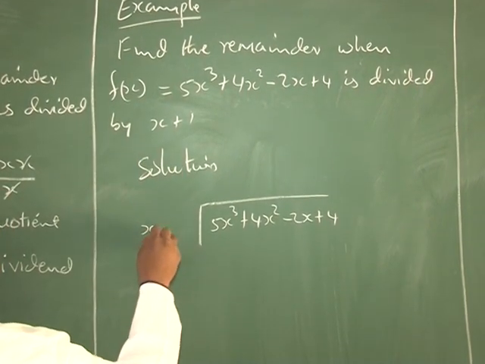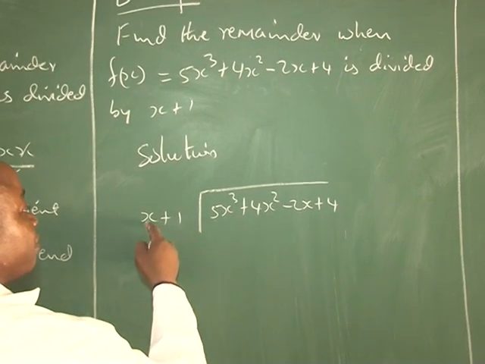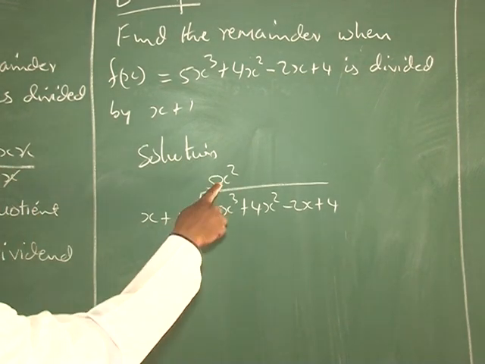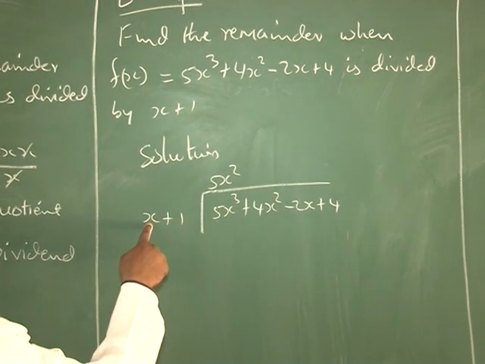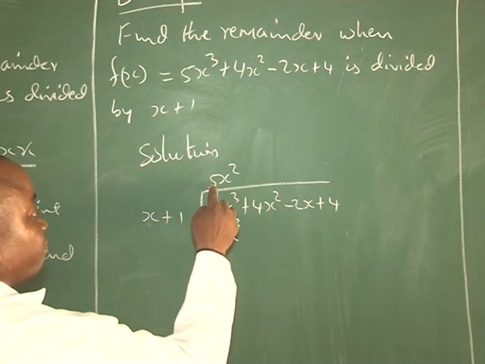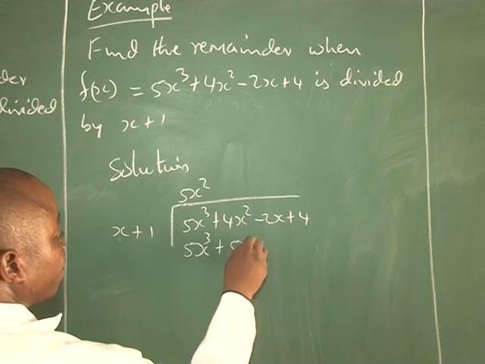The divisor is x plus 1. Now, 5x cubed divided by x will give us 5x squared. 5x squared times x gives us back 5x cubed. 5x squared times 1 gives plus 5x squared.